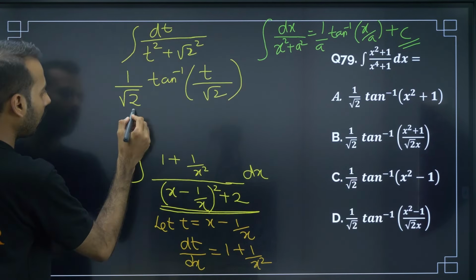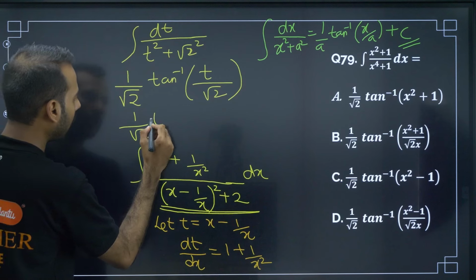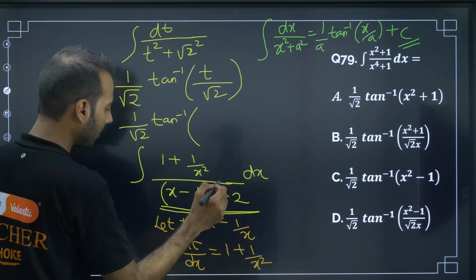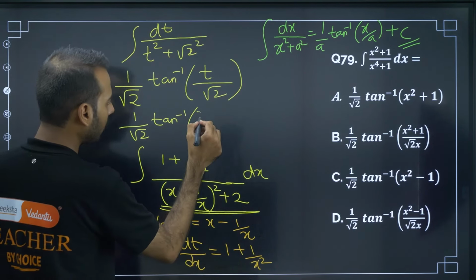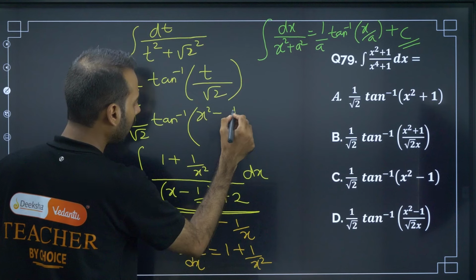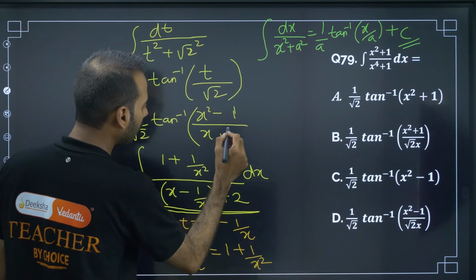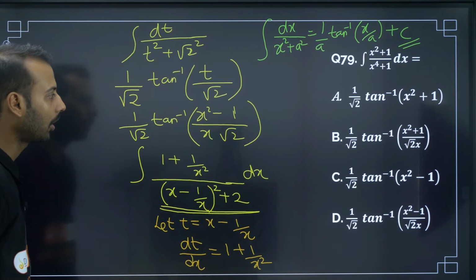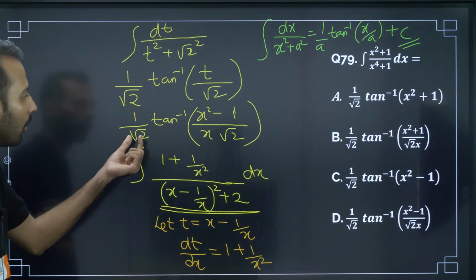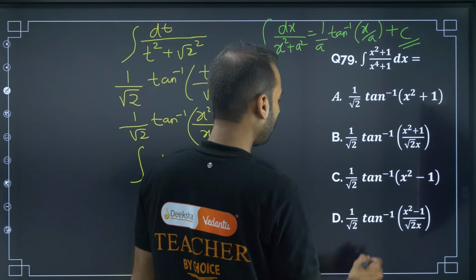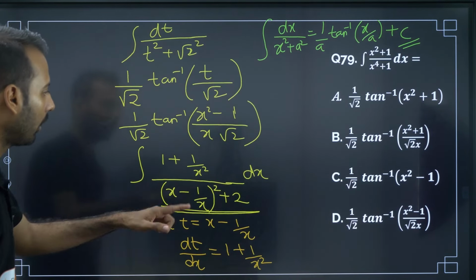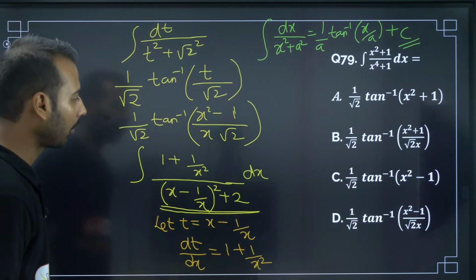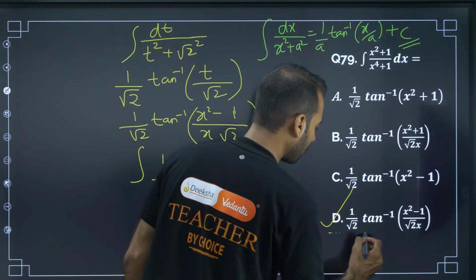T is x minus 1 by x, and root 2 is already here. So is there any option like this? Yes, D is the answer for this: 1 by root 2 tan inverse x square minus 1 by root 2 x.